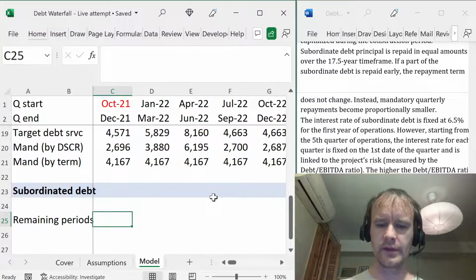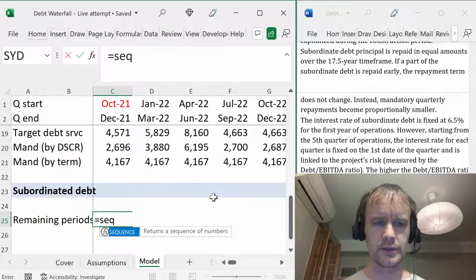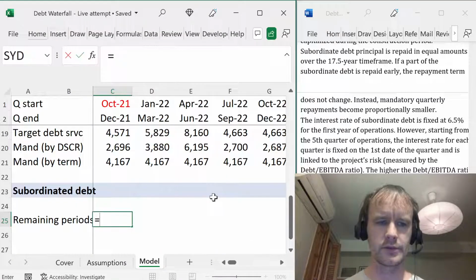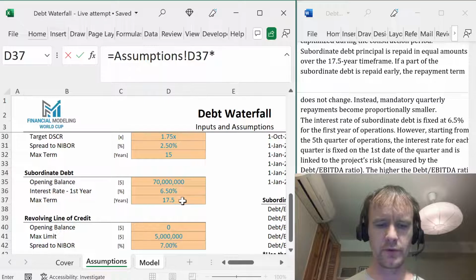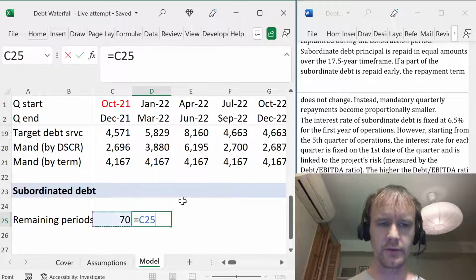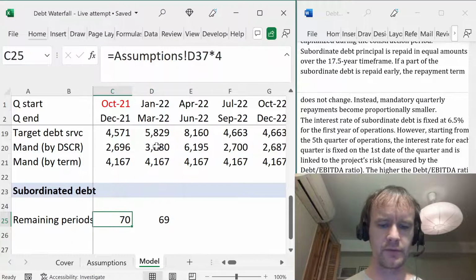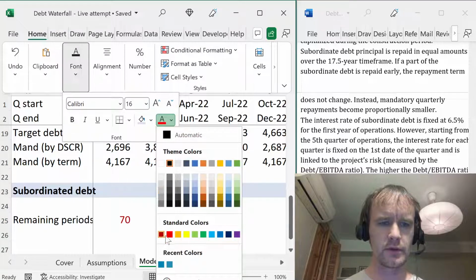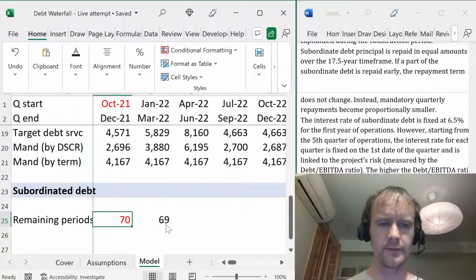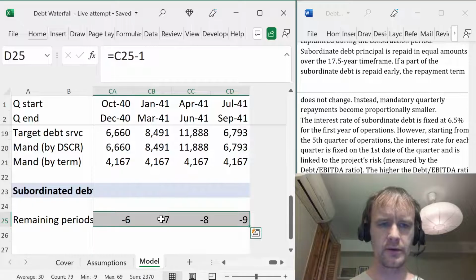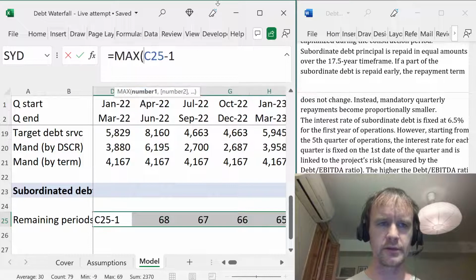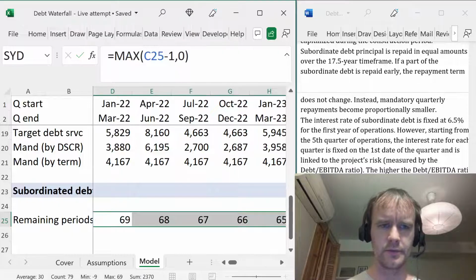And for that, I'm going to say sequence. You can just start with this times 4, and then say equals that minus 1. Again, if I'm doing a different first formula, I just do that, and then copy that across. And again, you're going negative here, which isn't what you want, so you'd say max of that and 0.